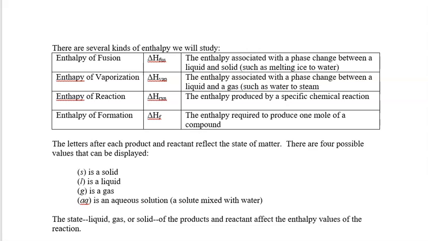But if you want to produce water that's in liquid form, you have to pull more energy out of it. So that will have a higher enthalpy of reaction to produce liquid water, because you pull more energy out of it to cause it to condense down into water. We'll see plenty of examples of that.